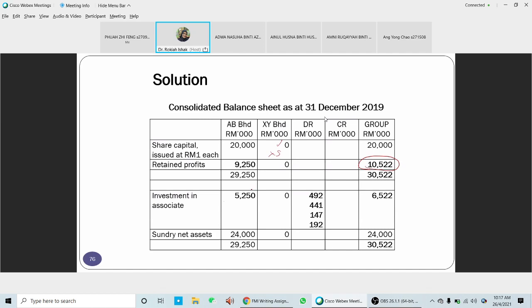In the balance sheet, now we make an adjustment to this one. So the adjustments that you have here, debit 492 here. 492 here is from the realization of the RE, journal entry number 1. 441 here is realization of current year profit up to 9 months. Okay, journal entry number 2, up to 9 months only.